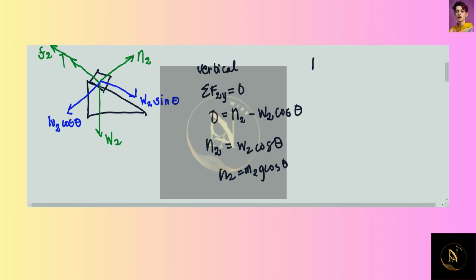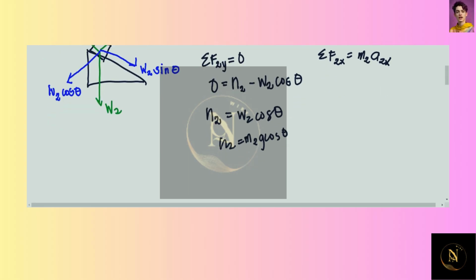Now for the horizontal, same as earlier, the forces on this plane are the projection of the weight minus the tension force and the friction, which, when we expand, is equal to this one.